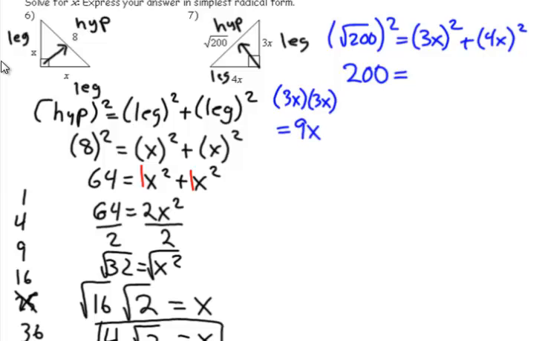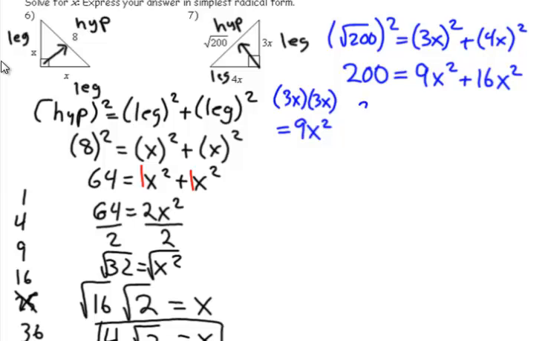X times x is x squared. So that's 9x squared. A lot of times the mistake students make there is they only write that as 3x squared. And then in the next one, 4x times 4x. 4 times 4 is 16. X times x is x squared.